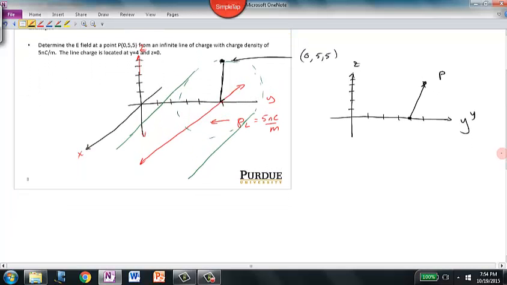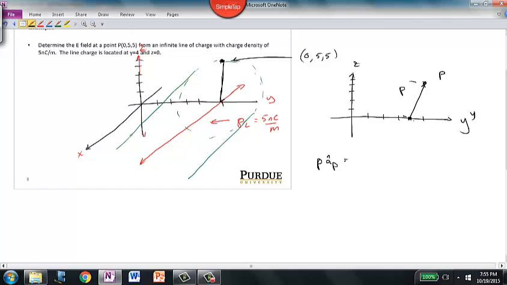So the first thing we need to do is determine the vector pointing from the infinite line charge to the point in space. In cylindrical coordinate systems, the vector is rho a hat rho, right? The length of this vector is rho, and it's pointing in the a hat rho direction.